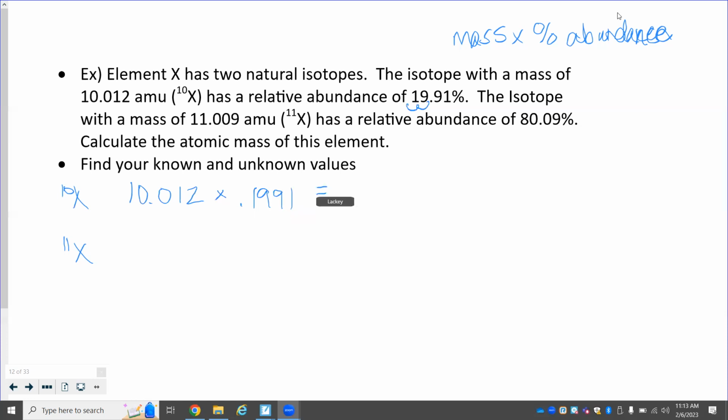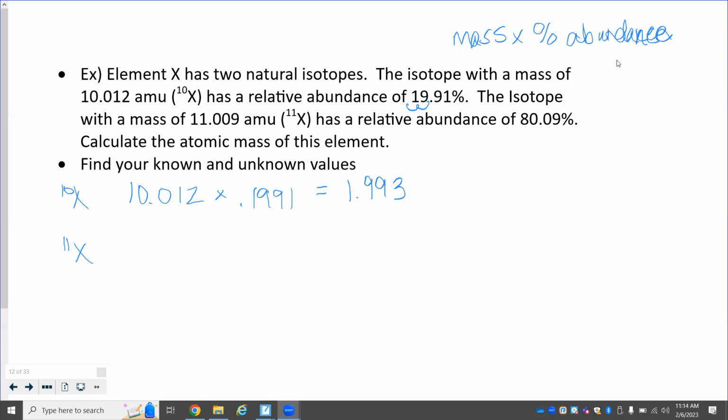So that isotope has a relative mass of 1.993. And I would keep several decimal places as you're going through this. Because if you round too much, it skews your answer too much.